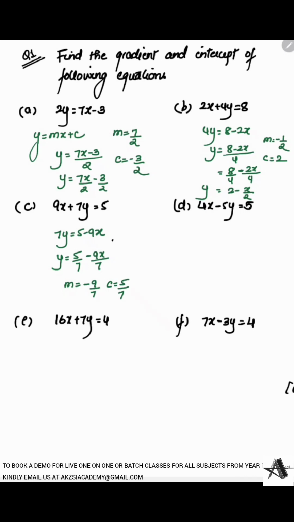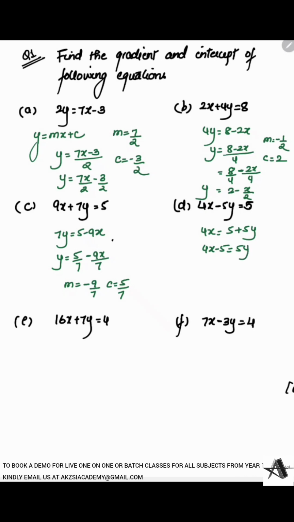Again doing the same. So bring 5y to the right hand side and 5 to the left hand side, because we want to make y the subject. So what I'm doing, I'm just shifting y to the right hand side. Next step, if you're a little bit confused, if you're not very good at forming the equation or making the subject, I'm just doing it step by step. Now shift y to the left hand side. 4x minus 5 equals 5y.